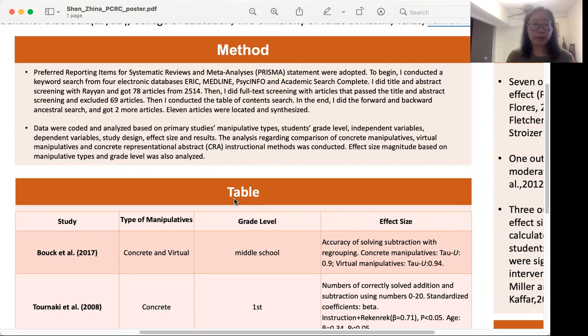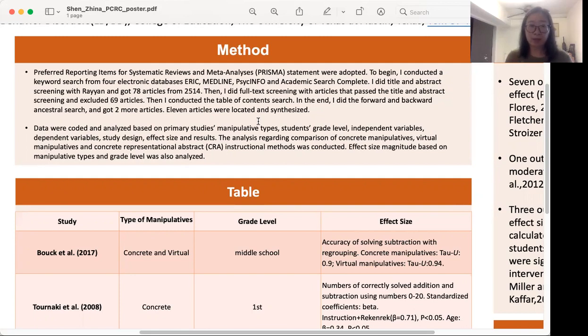I did the data coding based on students' manipulative types, students' grade level, independent variables, dependent variables, study design, and also the effect size and the results. The analysis comparing concrete manipulatives, virtual manipulatives, and CRA sequence was conducted based on the magnitude of the effect size.